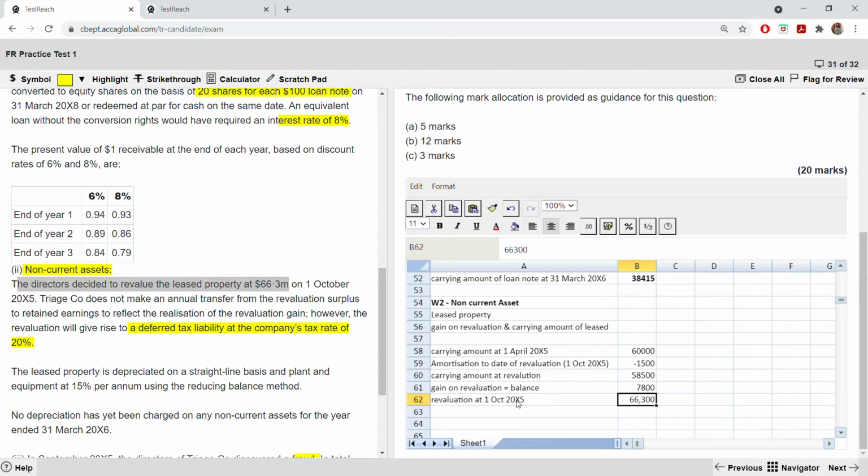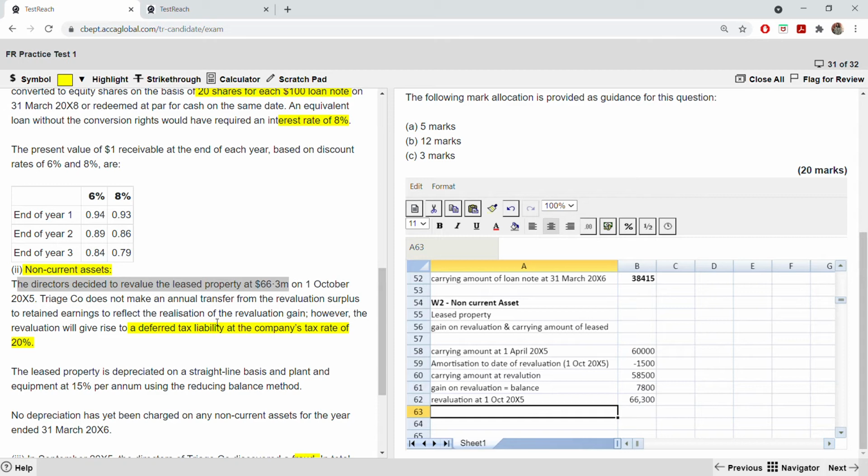From October 2005 to 31st March 2006 we have to take: October, November, December, January, February, March, another 6 months. Amortization. So we have to take the amortization after the revaluation. On the revalued amount we are going to amortize when a revaluation happens. On that only we amortize.